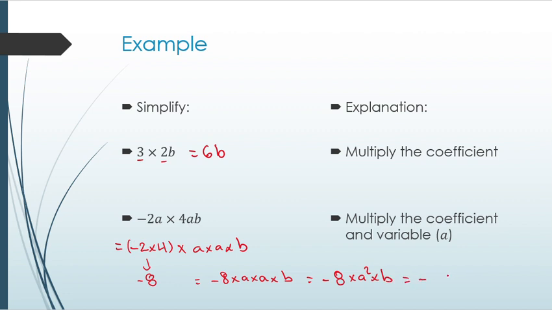And then you can just clean it up, simplify it all together. You're left with negative 8a squared b. Now, you don't need to show this, okay? Underline in purple. You could pretty much go from this blue here. You can do that instead, okay? That's all you got to do.